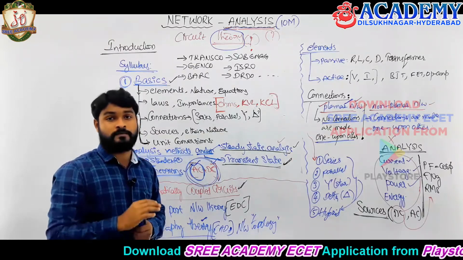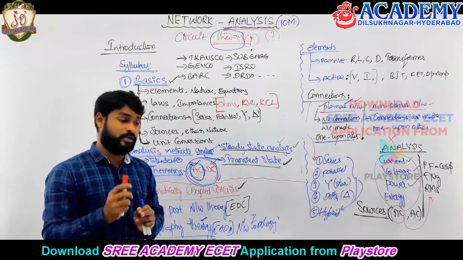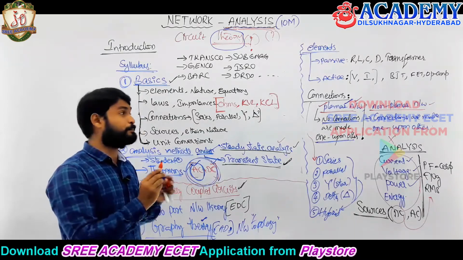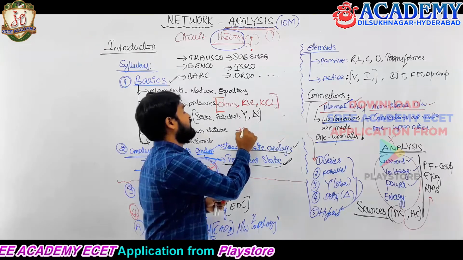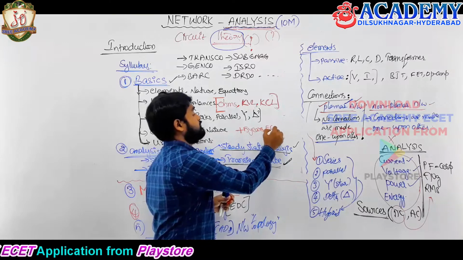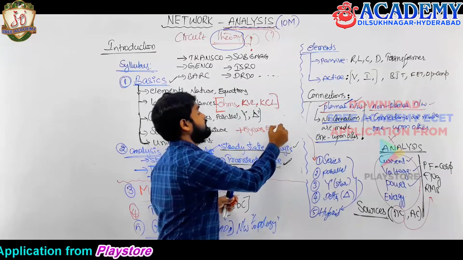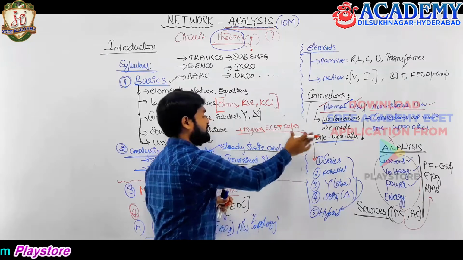Even when you study in BTech or write your competitive examinations, those notes will help you a lot. Along with my class notes, what you need to do extra is take the last minimum of 5 years of previous ECET papers. In the ECET papers, you can recognize the bits from network theory.